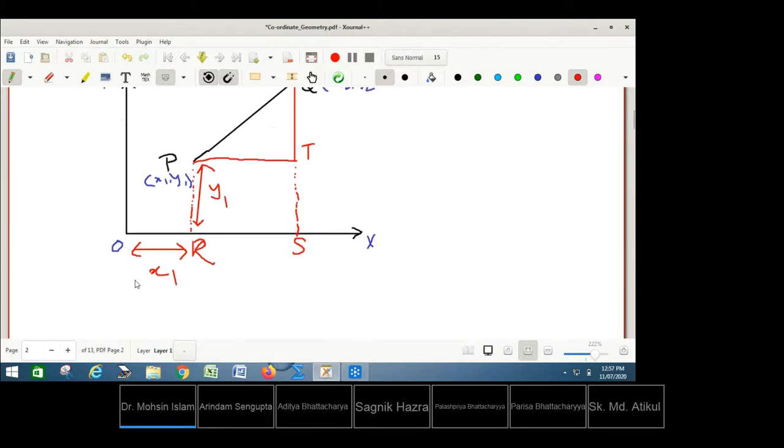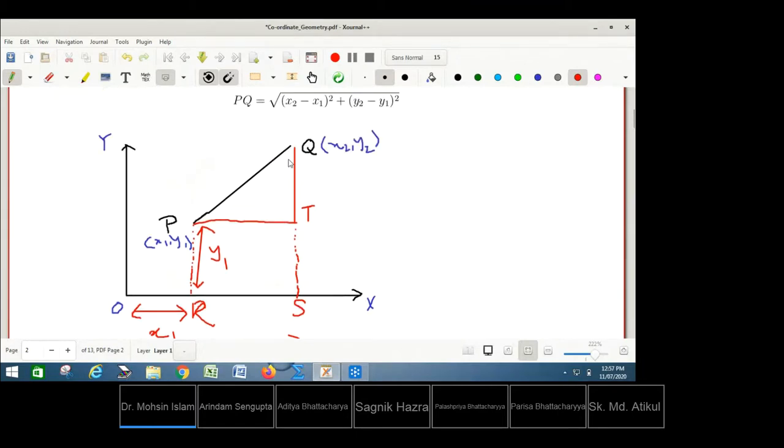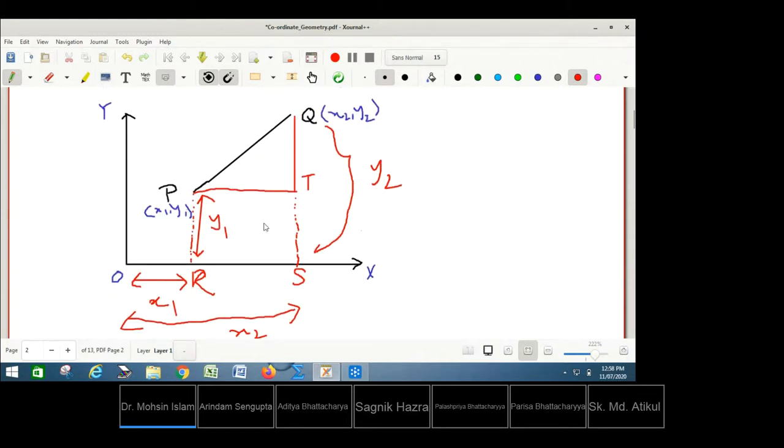Similarly, starting from O, the distance OS is x2, and the vertical height of Q is y2. Okay, so let me draw on the other side. So this is your y2. So x1, x2, y1, y2. Can you tell me what is the length PT? I'm just considering PT.